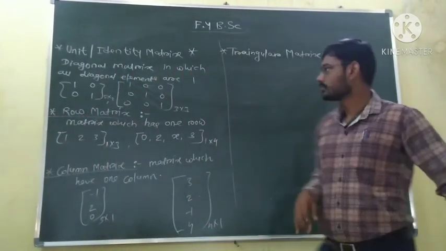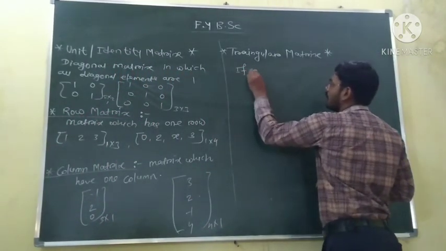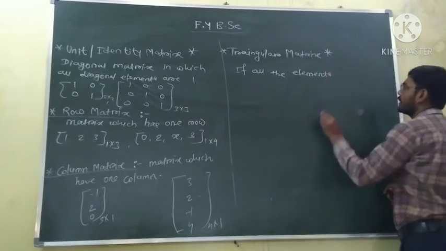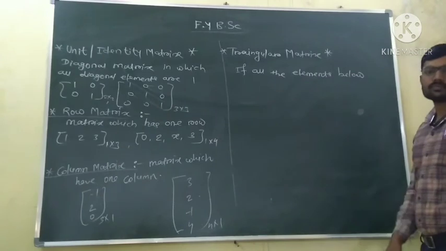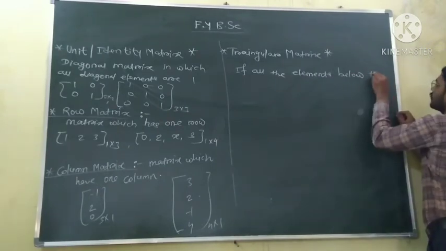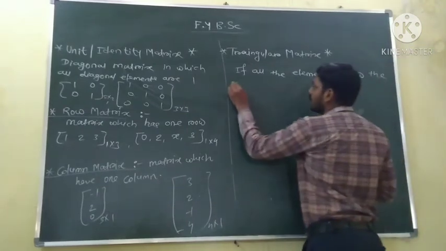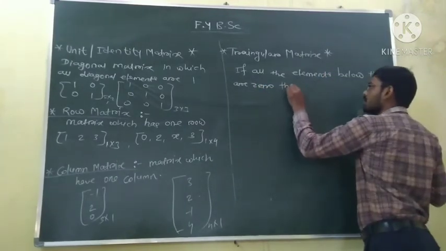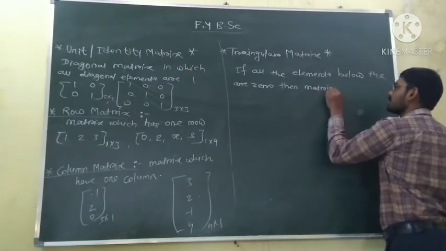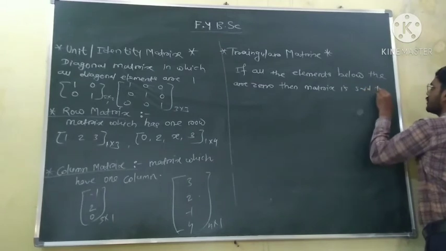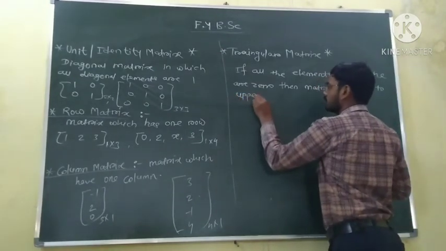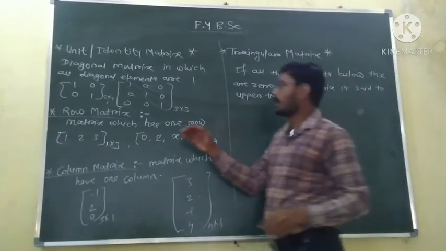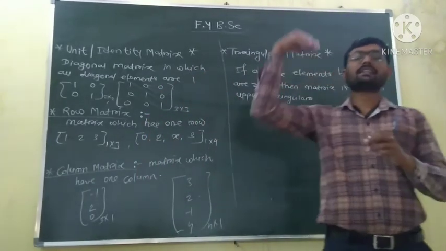If all the elements below the diagonal are 0, then the matrix is said to be upper triangular.